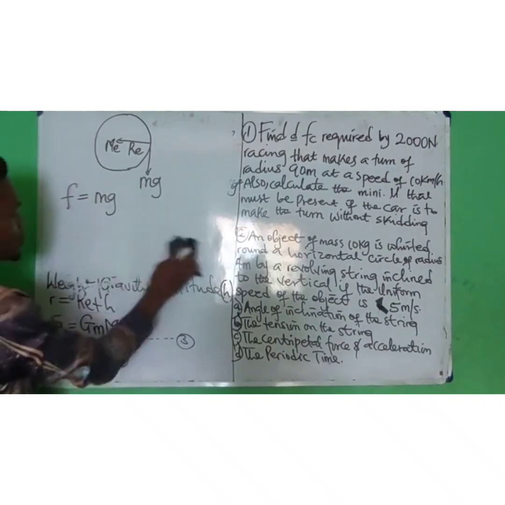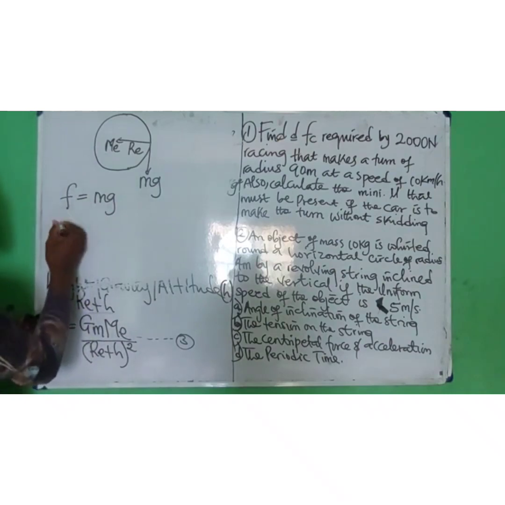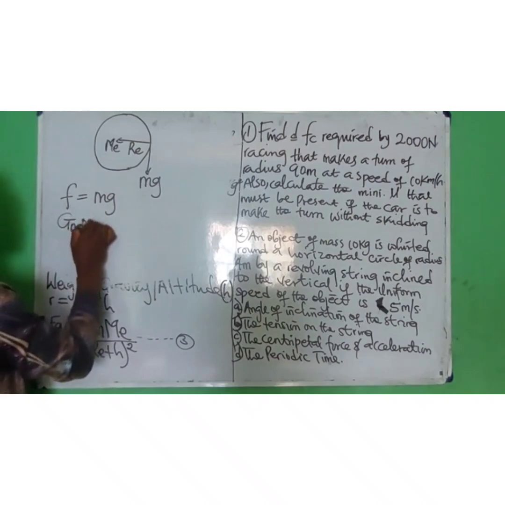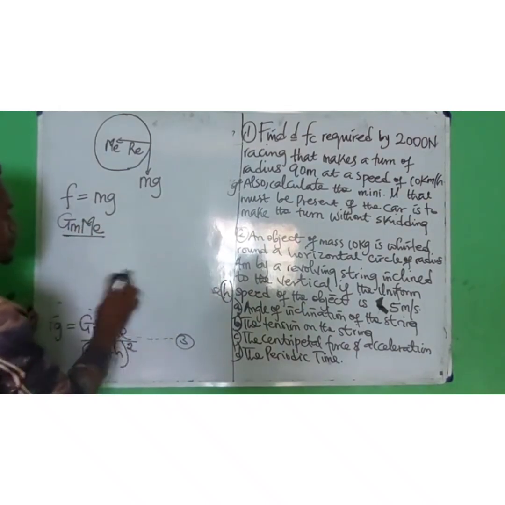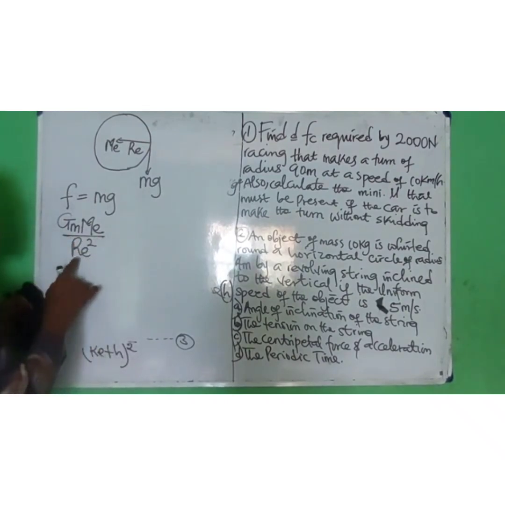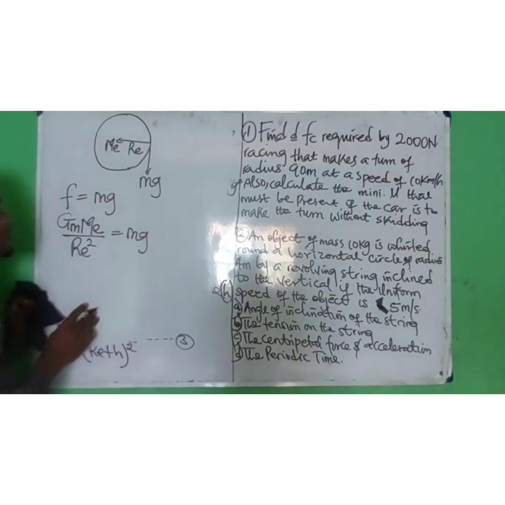If force is equal to mg, we've deduced that force is big letter ME over RE squared. RE squared connotes the radius of the earth, and this is Mg.